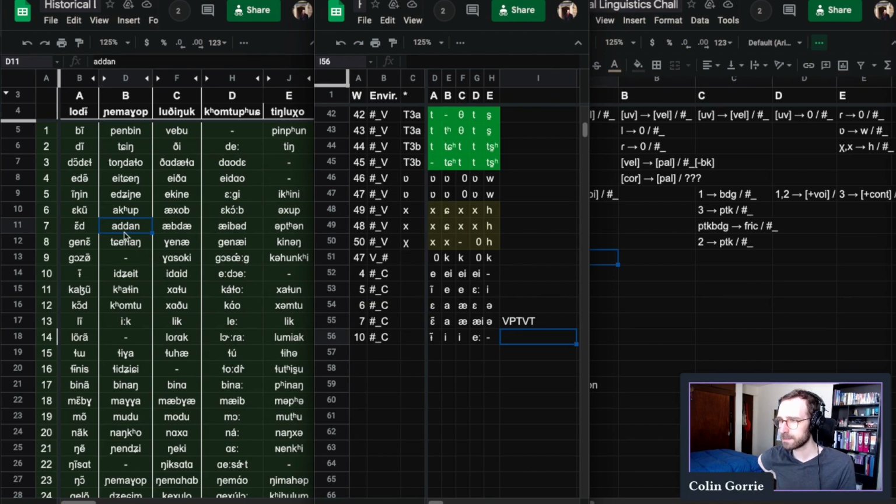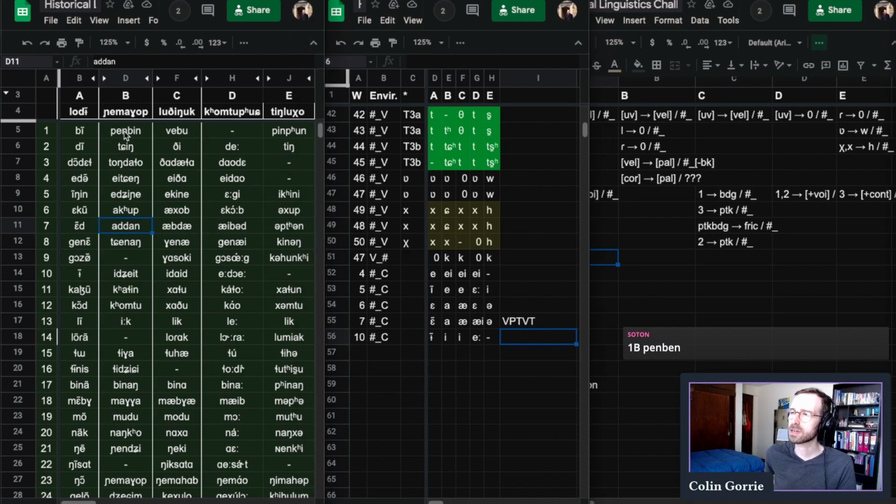Sutton points out NB is a strange cluster to have in a daughter with conservative word shapes. Which one are you looking at there? Sutton, is it? Oh, sorry, yeah. Number 1B, pin bean. Yeah, that's true. A non-homorganic nasal stop cluster is kind of marked, I guess you would say, in general.